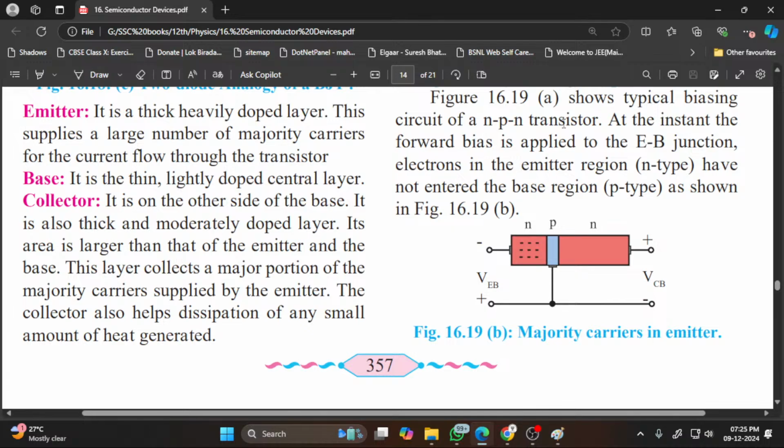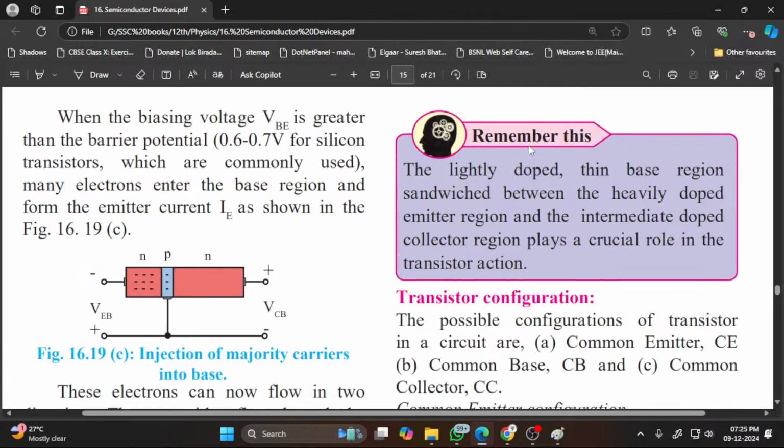When a biasing voltage VBE is greater than the barrier potential in silicon transistors, many electrons enter the base region from the emitter region as shown in the figure. These electrons can now flow in two directions.